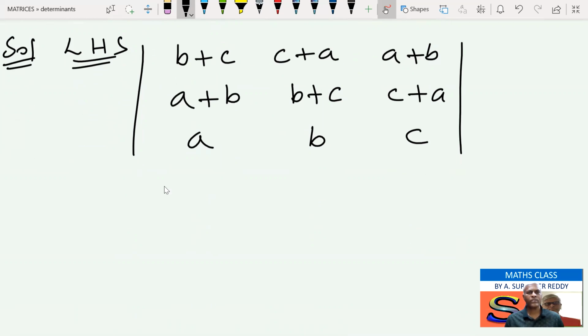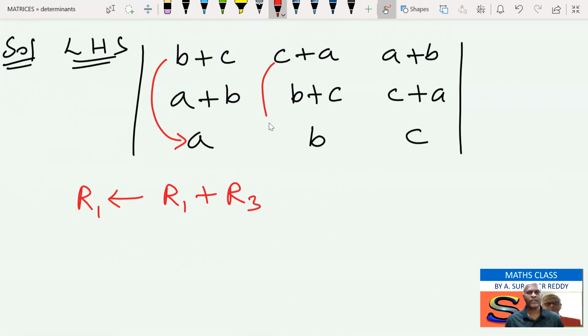Now, using transformations, I am changing R1 as R1 plus R3. So B plus C plus A, C plus A plus B, A plus B plus C. So this is the transformation.